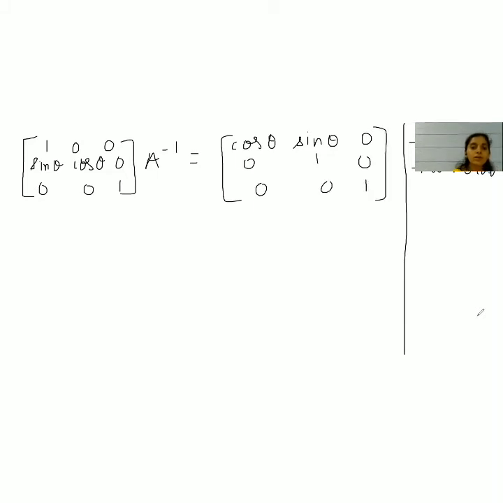Now the next thing: what do we have to do after we get 1? This term here, we make it 0, right? So this will be R2. R2 changes to R2 minus sin theta R1, right?